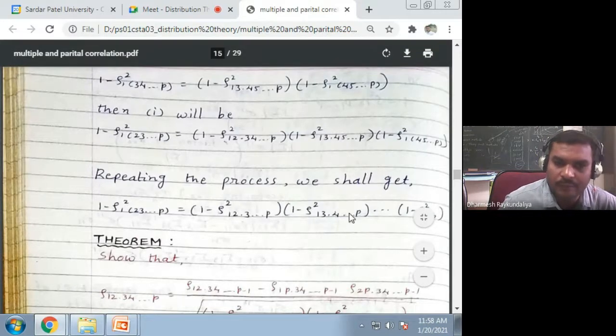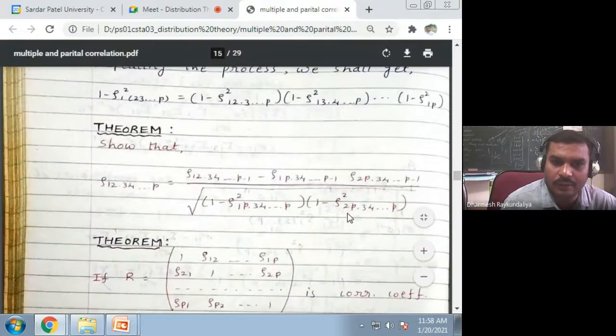Okay, so that is how the partial correlation is nothing but, if you are trying to show that, it is nothing but rho 1 2 3 dot p minus 1 up to 1 p 3 4 p minus 1 2 p 3 4 minus 1 over square root of 1 minus rho square p 1 dot 3 4 up to.